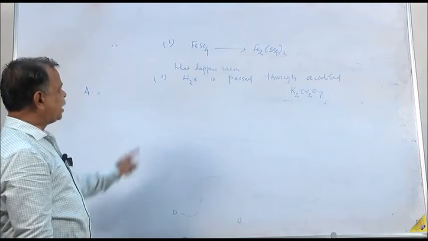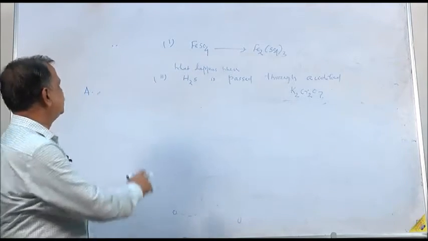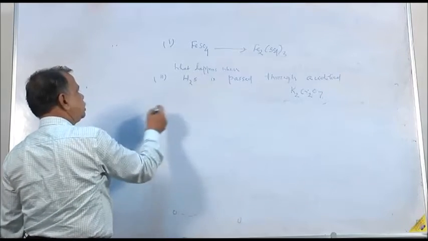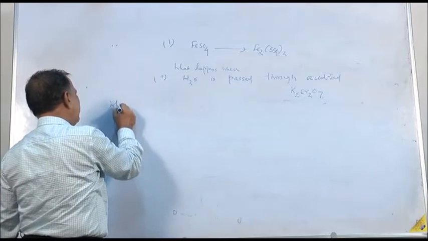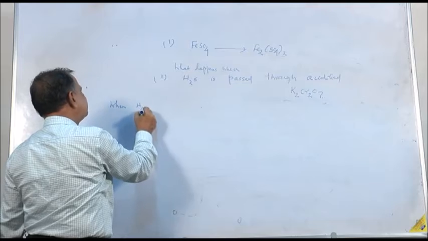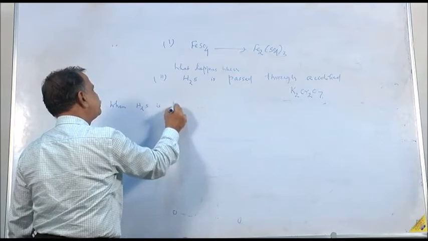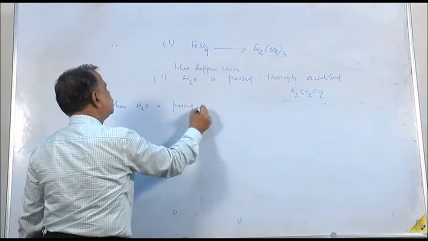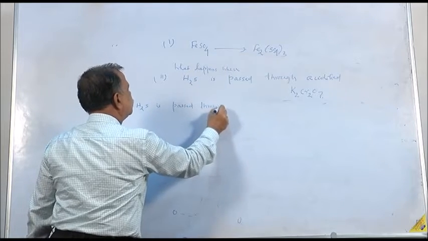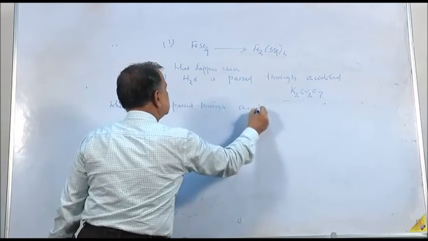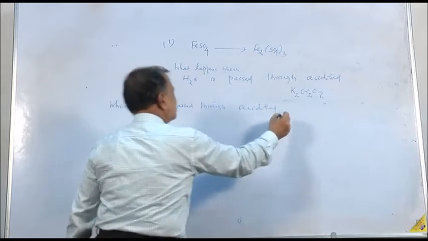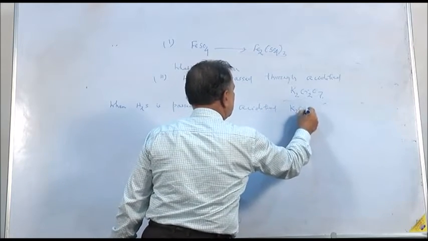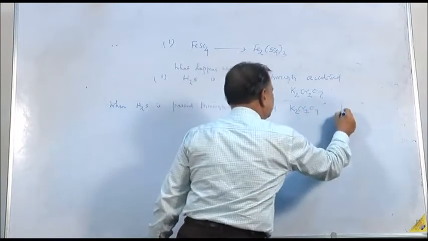When H2S is passed through acidified potassium dichromate, the orange color changes to green.